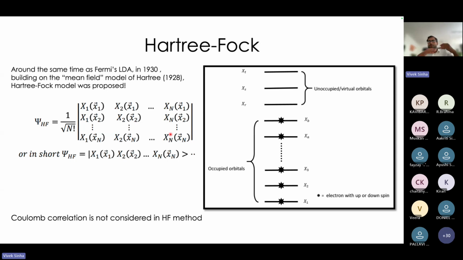Why? Because if you exchange the rows of a determinant, you get a negative sign, which is consistent with the exchange principle. So that treats the exchange interaction exactly within the single determinant formalism. Great. Now we have the exchange interaction, but it still does not capture the Coulomb interaction. Why? Because it says that I take an electron, and it experiences the average electric field of all other electrons.